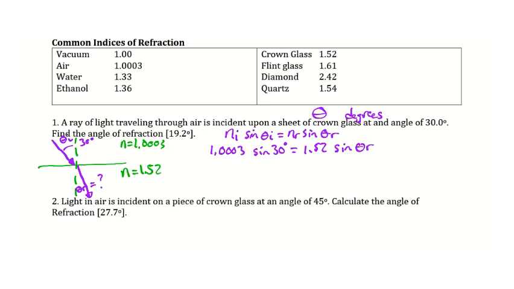So we have some math to do. We have to divide both sides by 1.52, so we're going to have 1.0003 times the sine of 30, which is 1/2, all over 1.52, and that's equal to sine theta r. So let's go ahead and type that into our calculator.